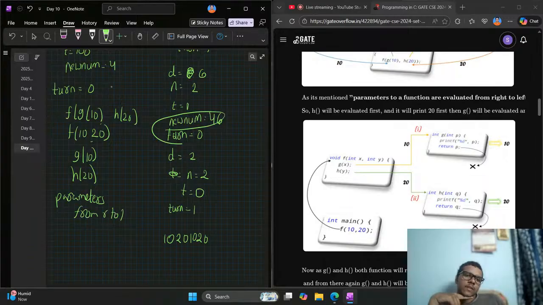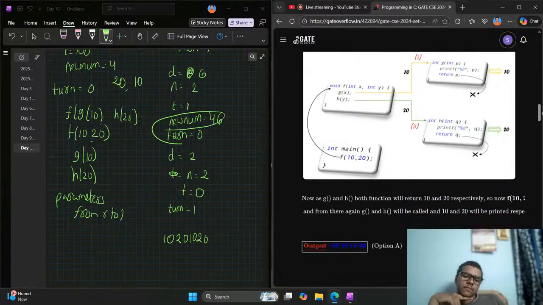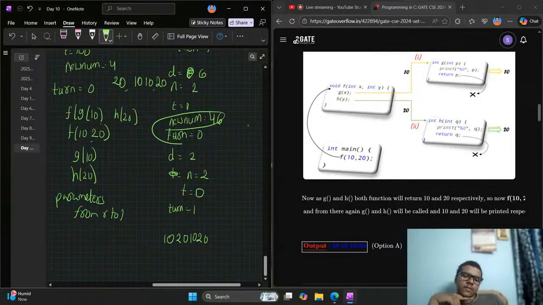So if that's the case, then first 20 is printed and then 10 is printed, and now inside that first G is called, 10 is printed, and then 20 is printed. So you are just supposed to know this one, that's it.